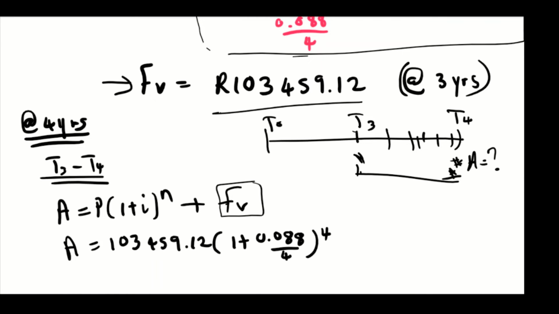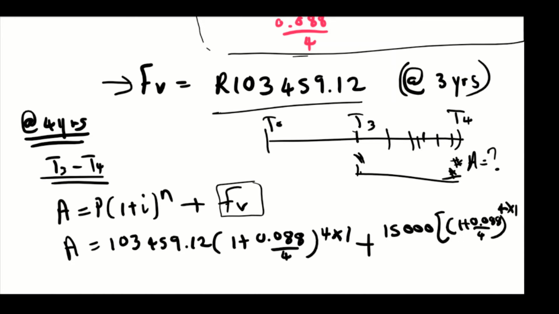Quarterly, so it's to the power of 4 multiplied by 1, because it's 1 year, right? From 3 to 4 years, it's just going to be 1. And we add the future value annuity of 15,000 rand into 1 plus 0.088 divided by 4 to the power of 4 times 1, right?